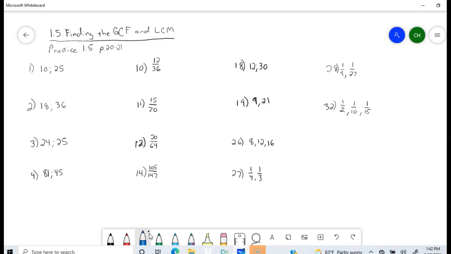So we're looking for the greatest common factor between 10 and 25. 10, the factors are 1, 2, 5, and 10. 25, the factors are 1, 5, and 25. The greatest one they have in common is 5.